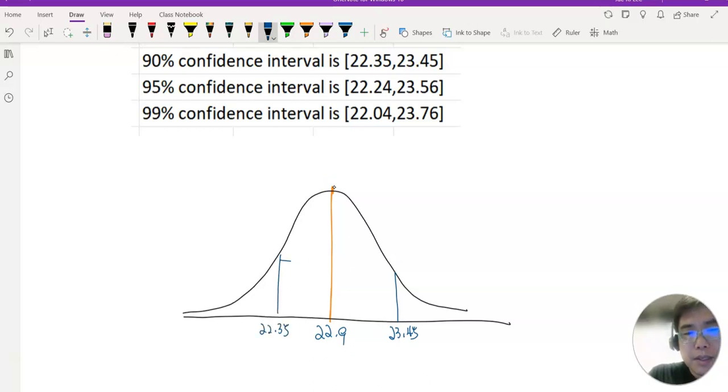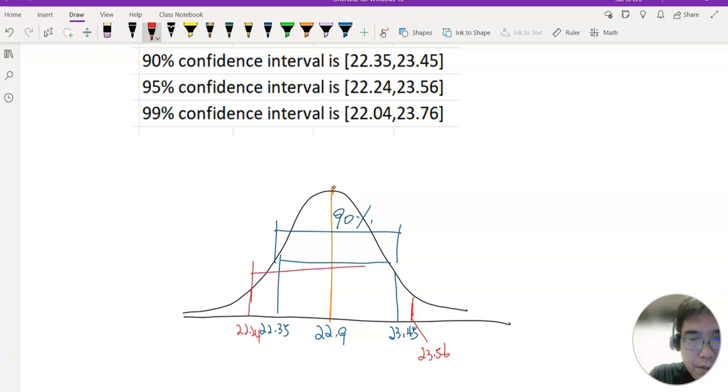So that's basically the 90% area. From here to here we can say it is the 90% interval. Then for 95%, it extends more, so basically 23.56 and 22.24.